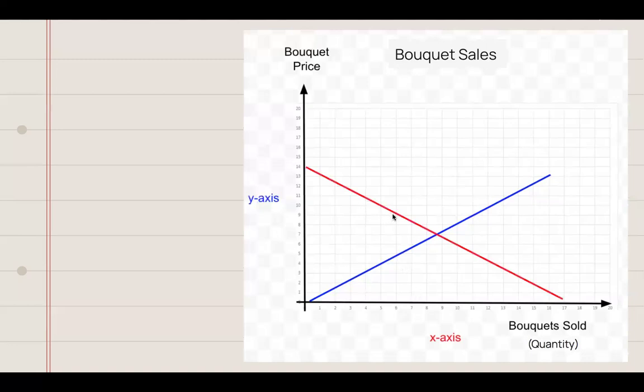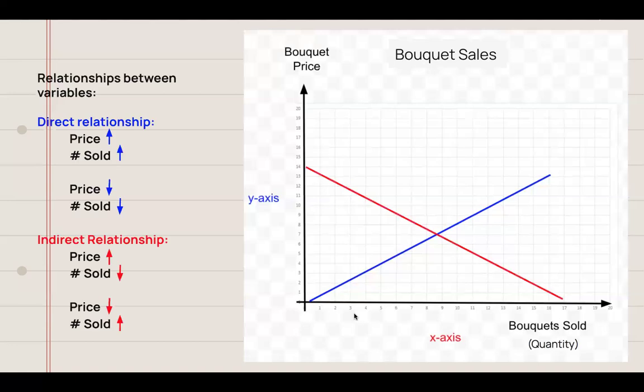So this red line says that as the price goes down, the quantity you sell goes up. Now that is the most likely scenario for this type of graph, right? Lower the price and people buy more. So this red line is showing what we call an indirect relationship.